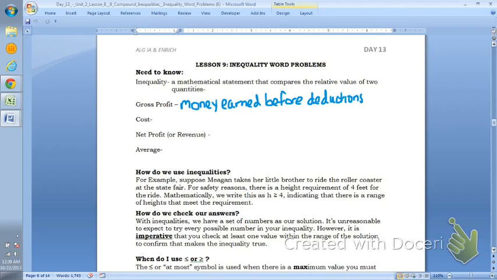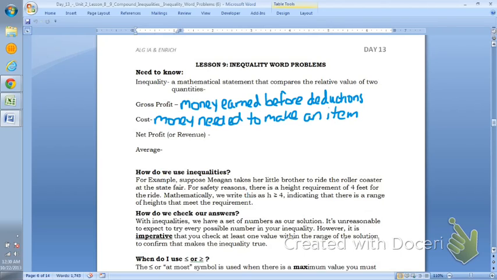Also, when you're trying to sell items, it costs you money to make the item. So the price that you charge a customer is your gross profit. But cost is the money it takes for you to make the item.